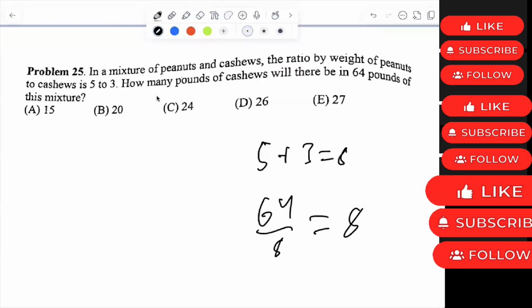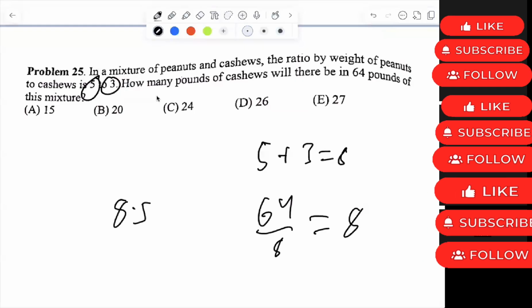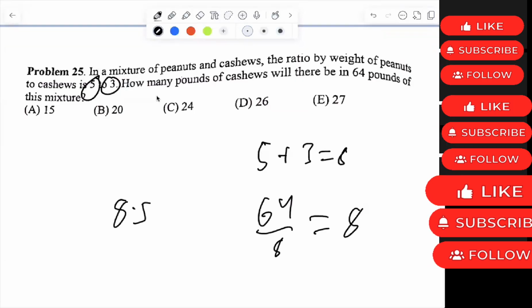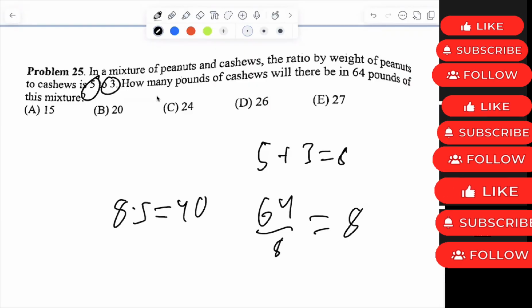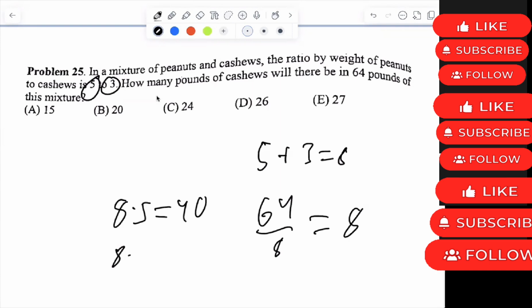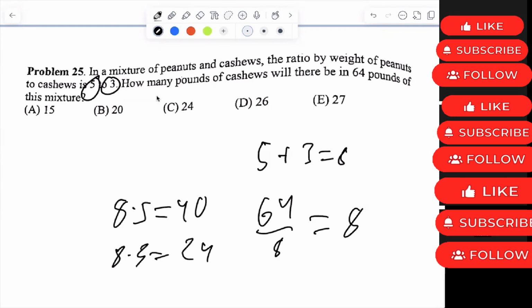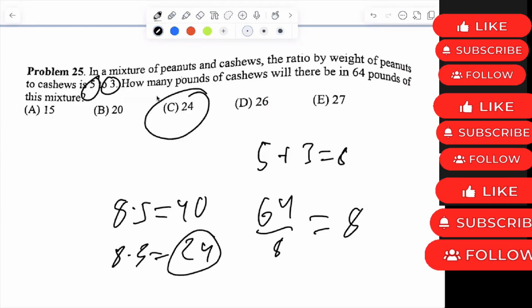Now we can multiply the parts by the numbers we have, which were 5 and 3. 8 times 5 is 40. And 8 times 3 is 24. Now we want to find how many pounds of cashews. That's going to be 24, or C.